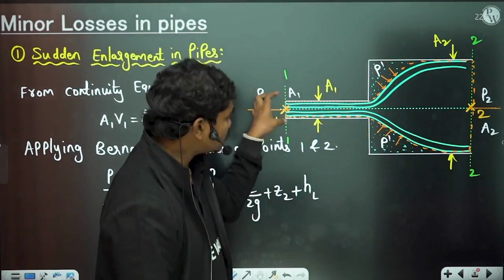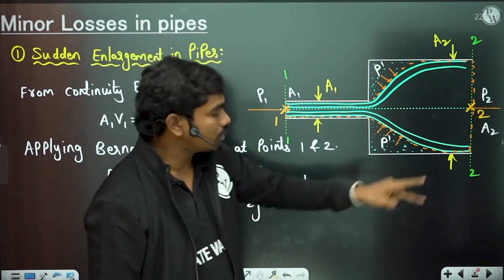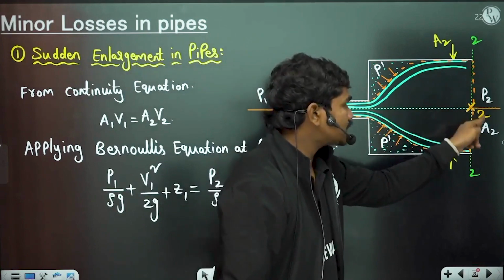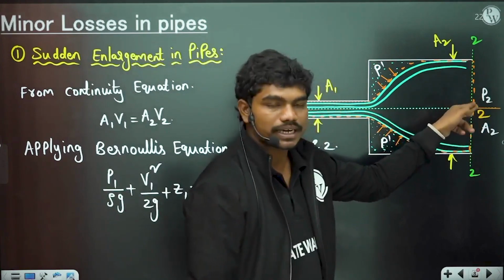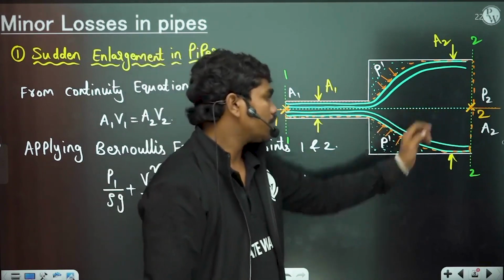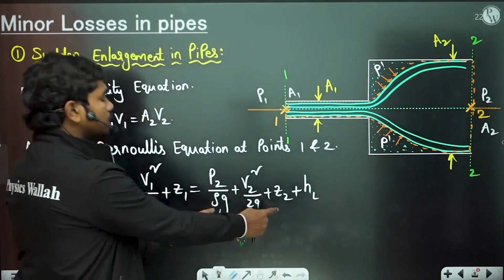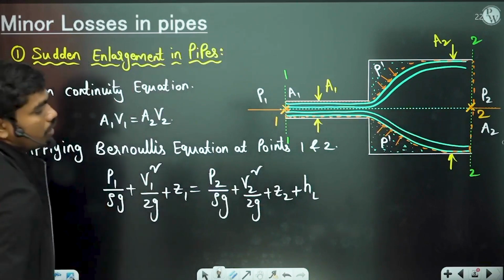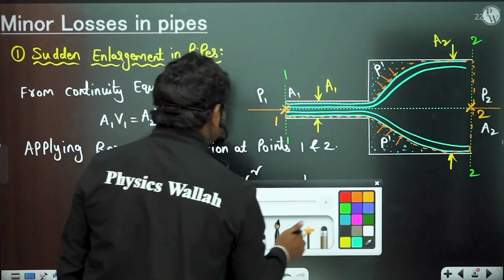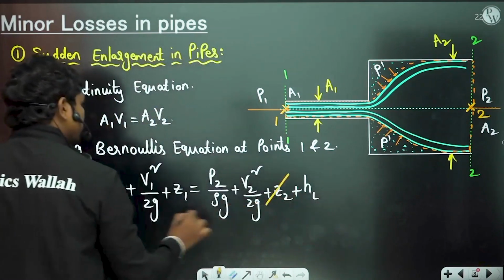So whatever energy is available here is spent in two parts. First part is the loss that happened during this fluid flow. Second part is the storage of energy at this point. Whenever the fluid reaches this point, it still has some energy. So we have taken the total energy at location 2 and this is at location 1. Now since these 2 points are on the same horizontal level, Z1 and Z2 are the same.